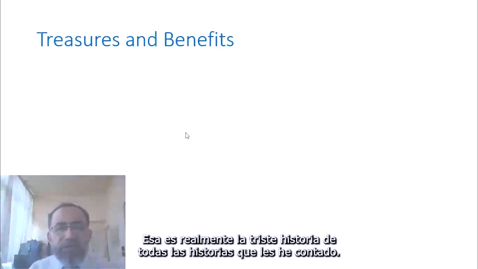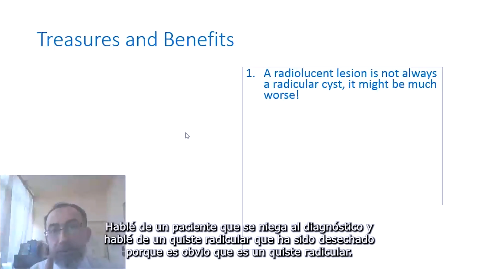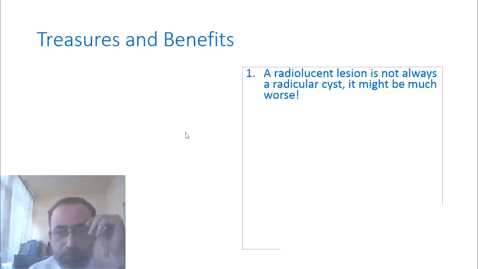Let's go to have treasures and benefits. I told you about patient who denies, and I told you about radicular cyst who was sent to the trash because it's obvious it's radicular cyst. Radiolucent lesion is not always radicular cyst. It might be much worse.